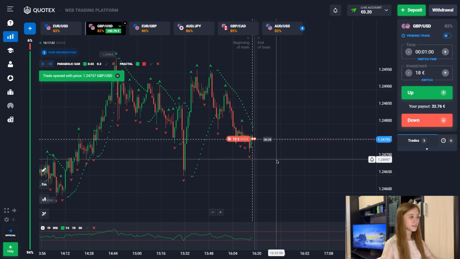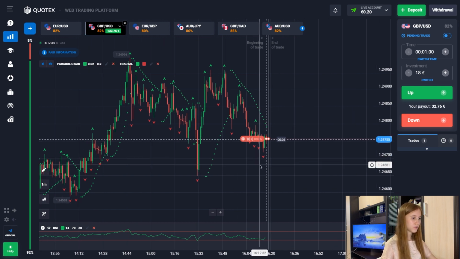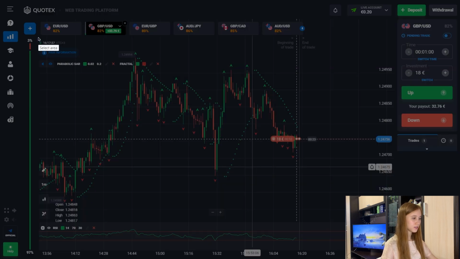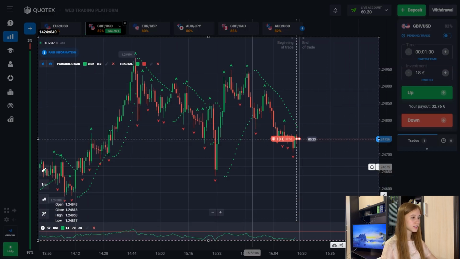So let's open a deal for a fall here from this position, and we understand that this support area does not work out. This support area which we can see was also ignored.